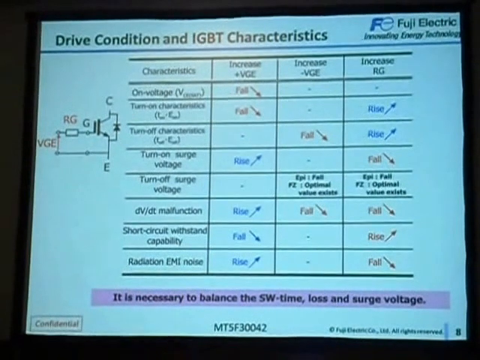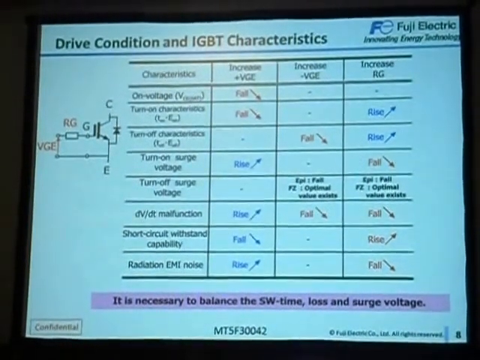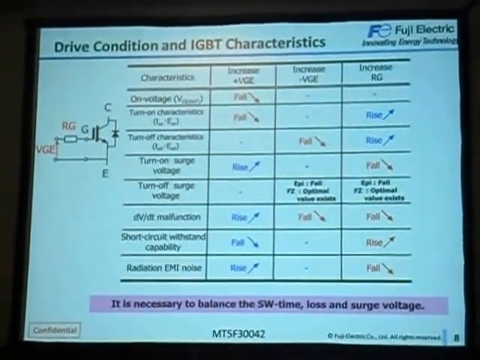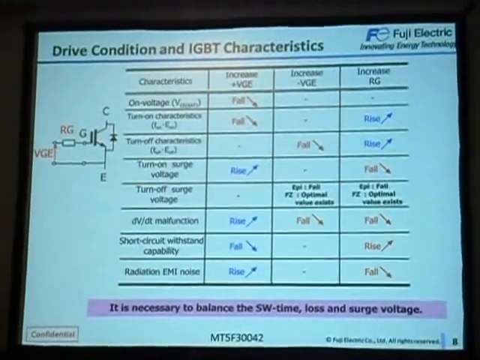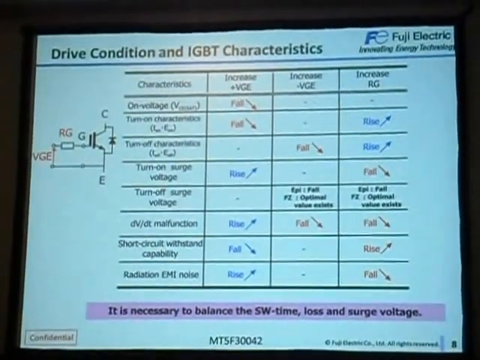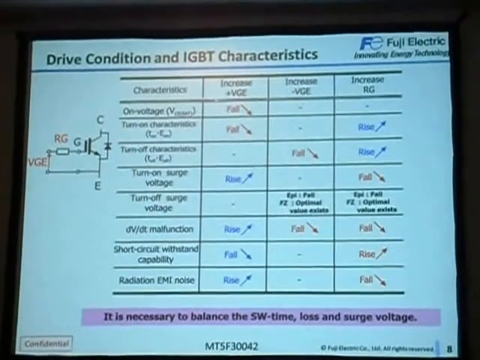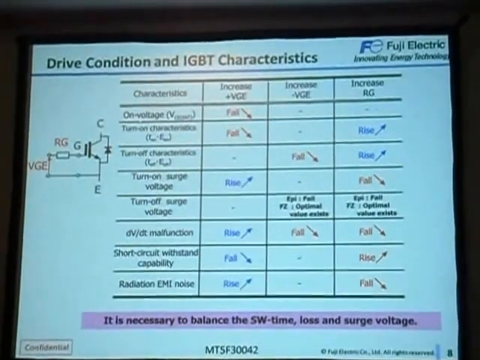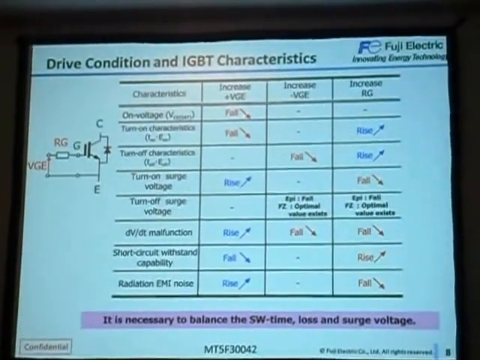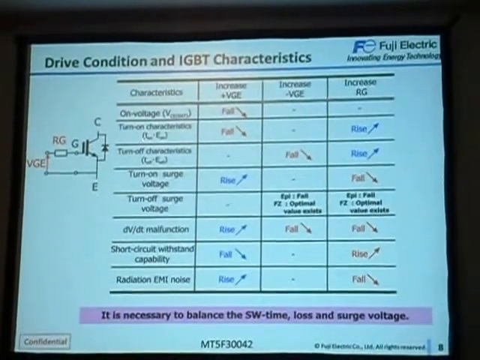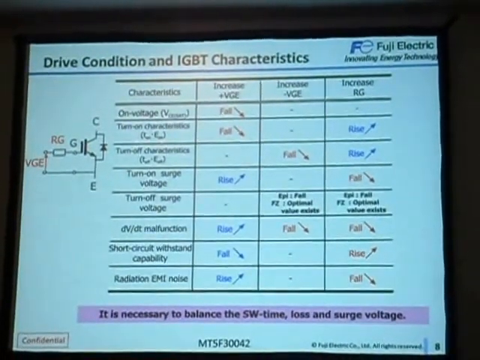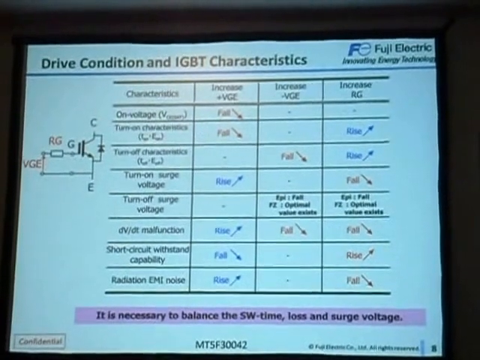And then this is general information about the effect of the gate emitter voltage and gate resistance. If you increase the gate emitter voltage, the on-state voltage will decrease. Also, for turn-on characteristics, the switching speed will become faster.